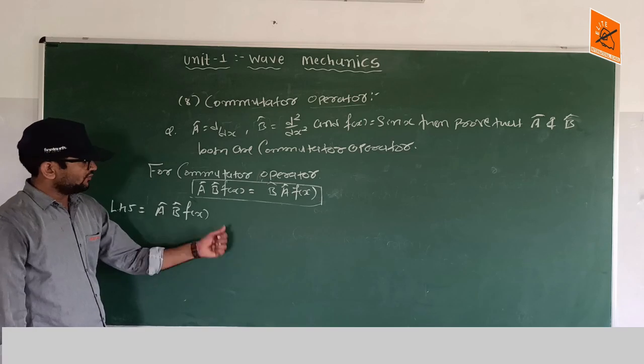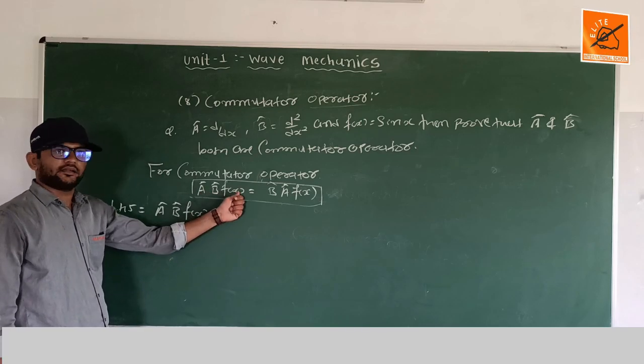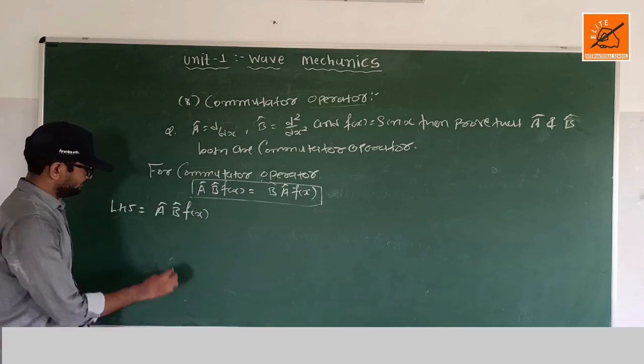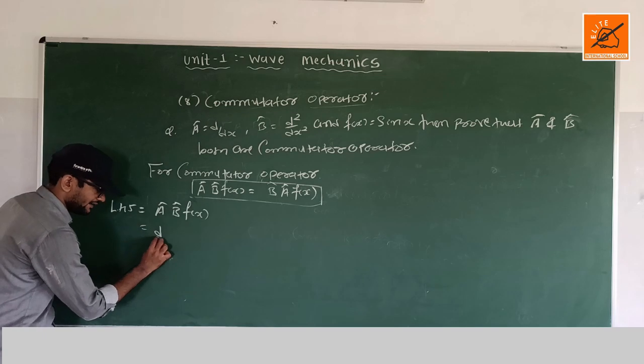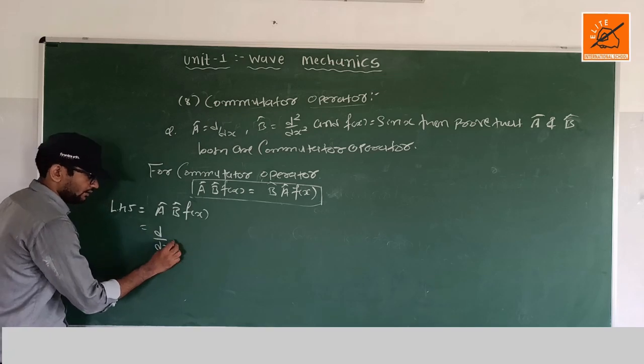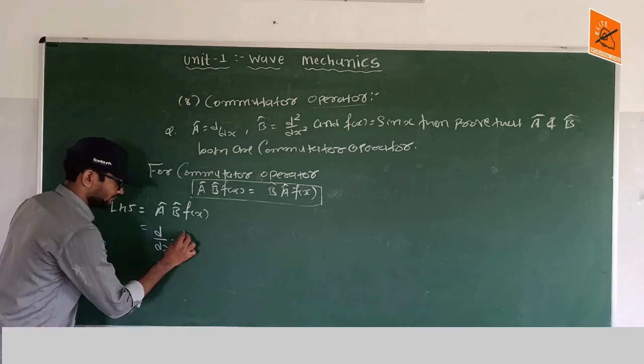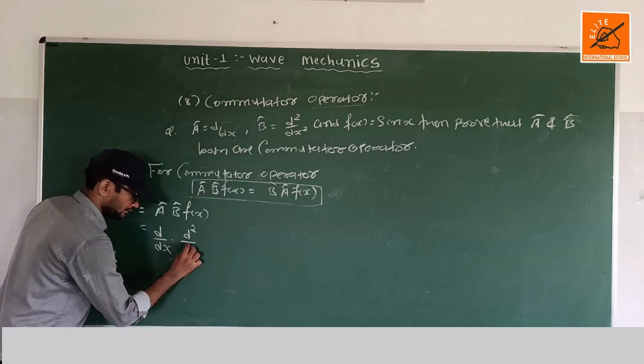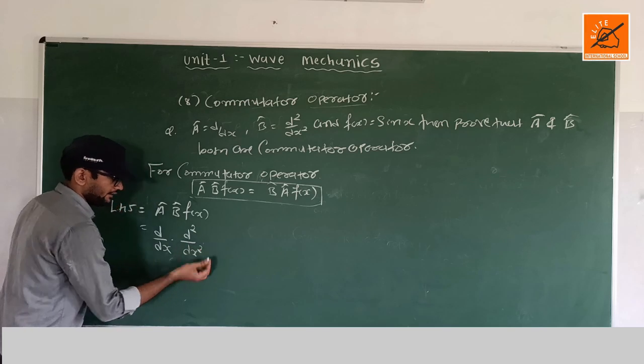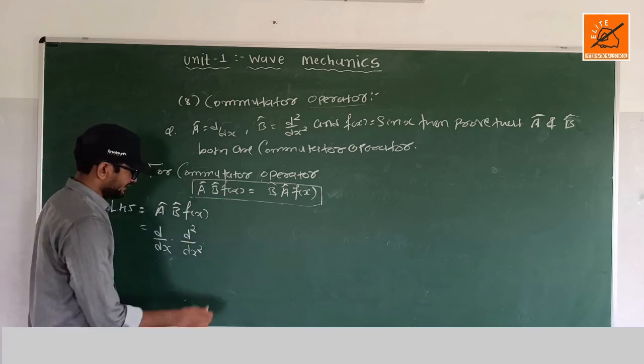Now put the value of A cap, B cap and f(x). A cap is equal to d by dx, B cap is d square upon dx square, and f(x) is sin x.